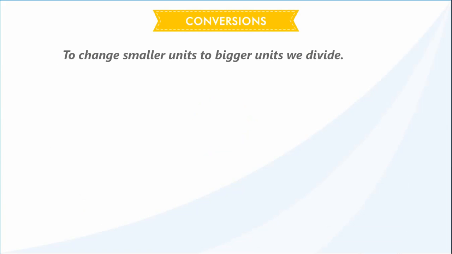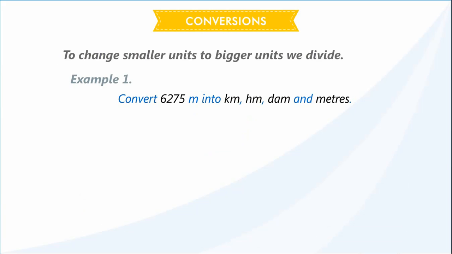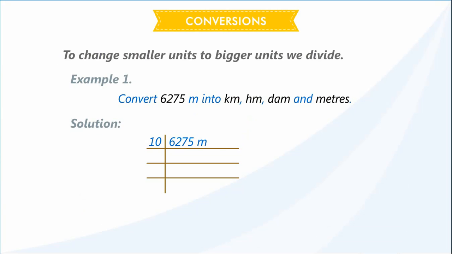Conversions. To change smaller units to bigger units, we divide. Example 1. Convert 6275 meter into kilometer, hectometer, decameter and meters. Solution. To convert meters into decameters, first we divide by 10.